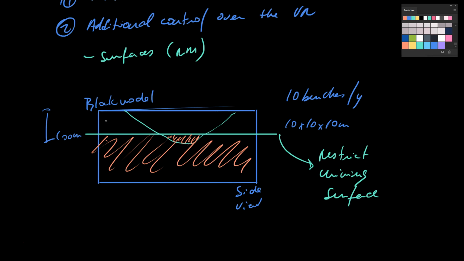You have the topography over here, let's say it's 1,000 meters of elevation, and then you want to restrict. For the first period, the first year, you are having more than 10 benches, and what you need to do is simply to impose on SimSched to respect this maximum limit of mining for the first year.